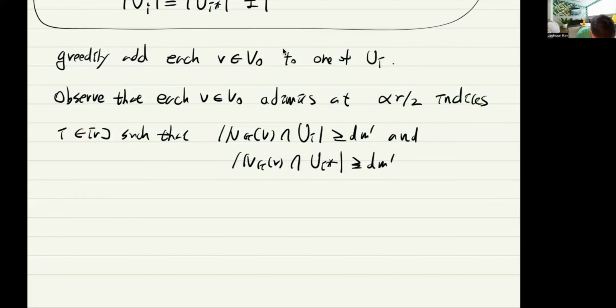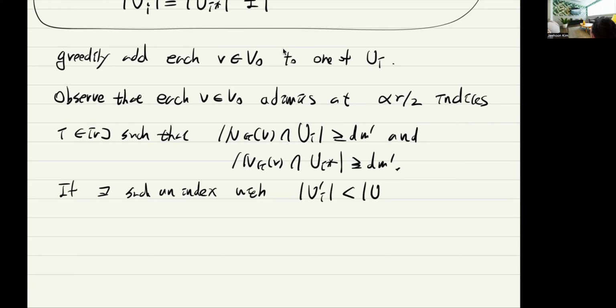Then what? If there is such an index with U'_i smaller than U'_i star, then we add this B to the smaller one.